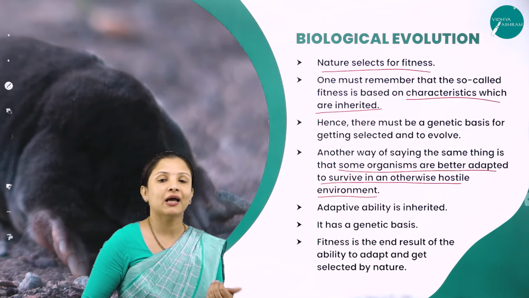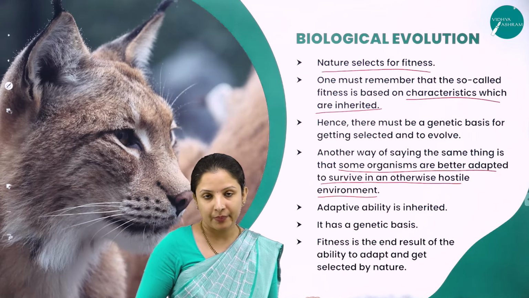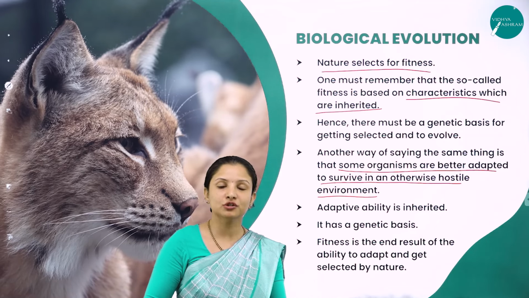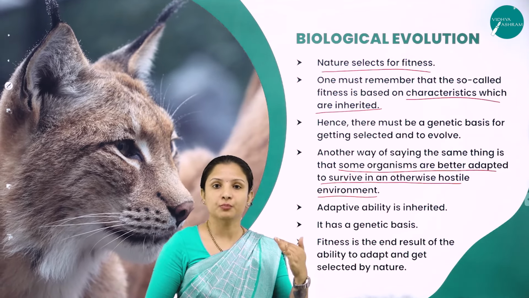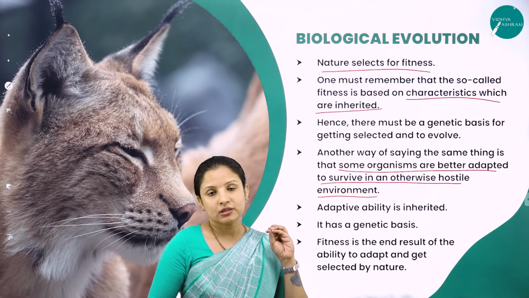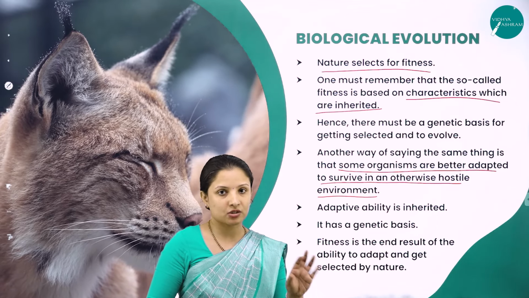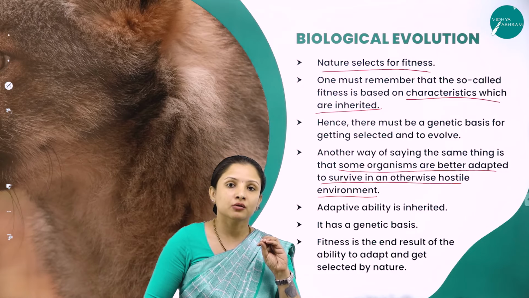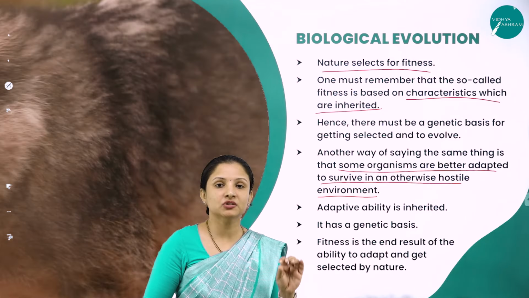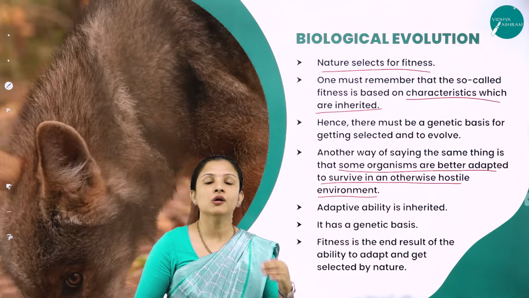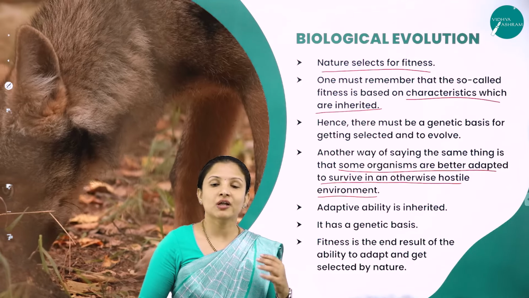One thing is they should have a good amount of genes from their parents, so that nature selects those progenies to survive on this planet so that they can reproduce and produce healthier progenies. So therefore the fittest can survive and they are selected by nature. The other thing is, when we say survival of the fittest, some organisms are capable of adapting to any environmental conditions or any habitat.